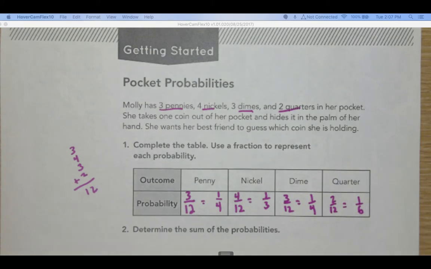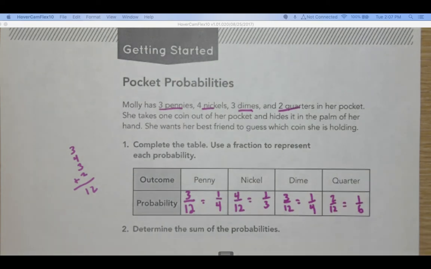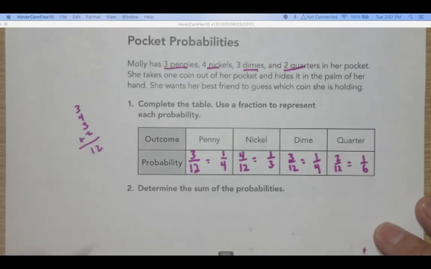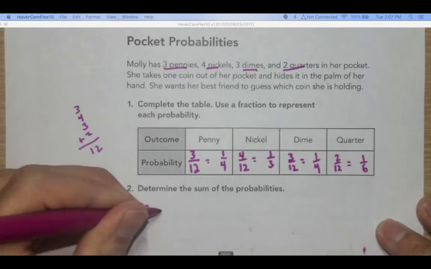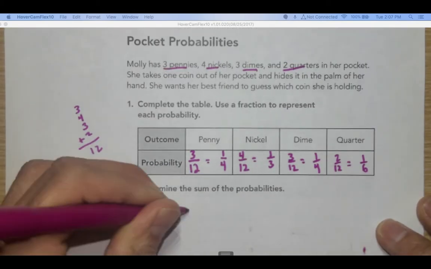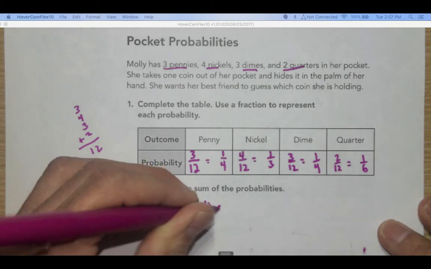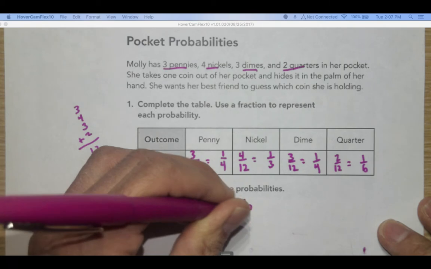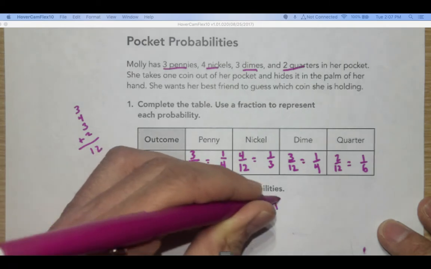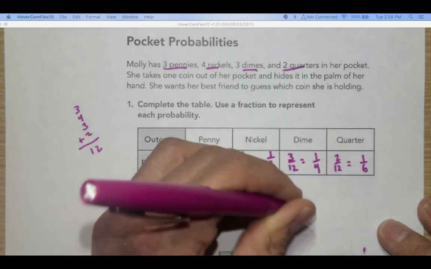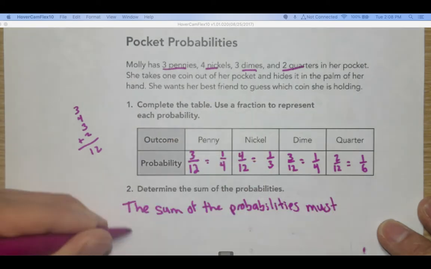Okay. I know that the sum of these probabilities must be 1.